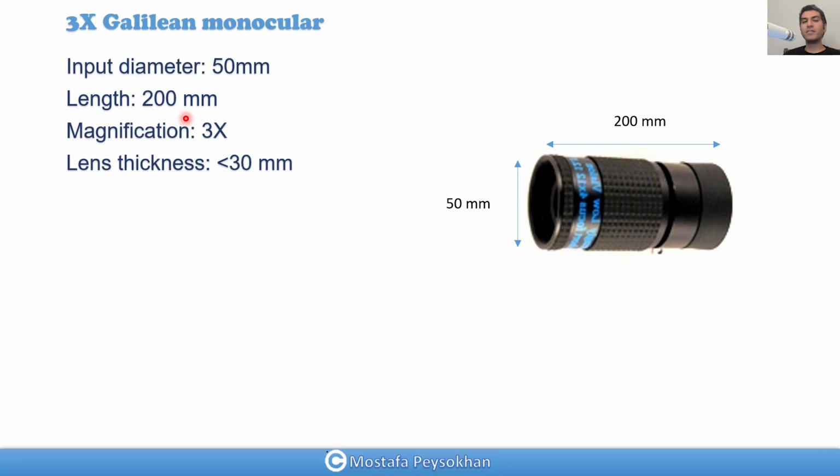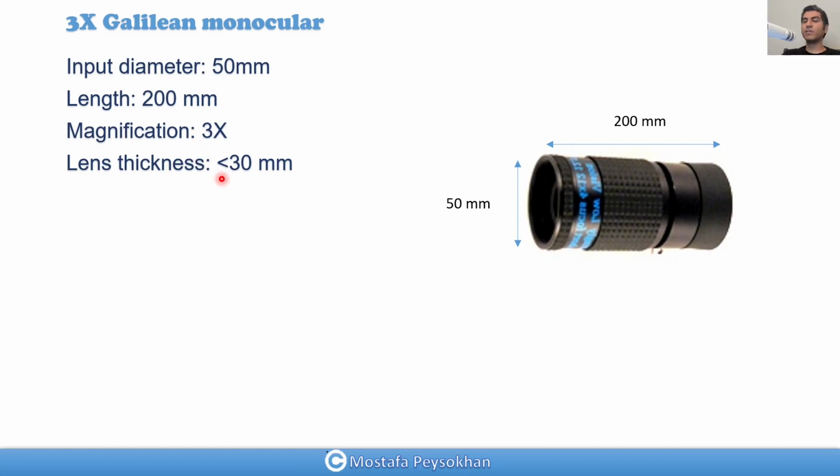So let's say you want to design a very simple Galilean monocular in Zemax. The input diameter of the beam is going to be 50 millimeter. The length of the whole optical system is roughly around 200 millimeter, which is about 20 centimeter, like this size. And the magnification is 3x.